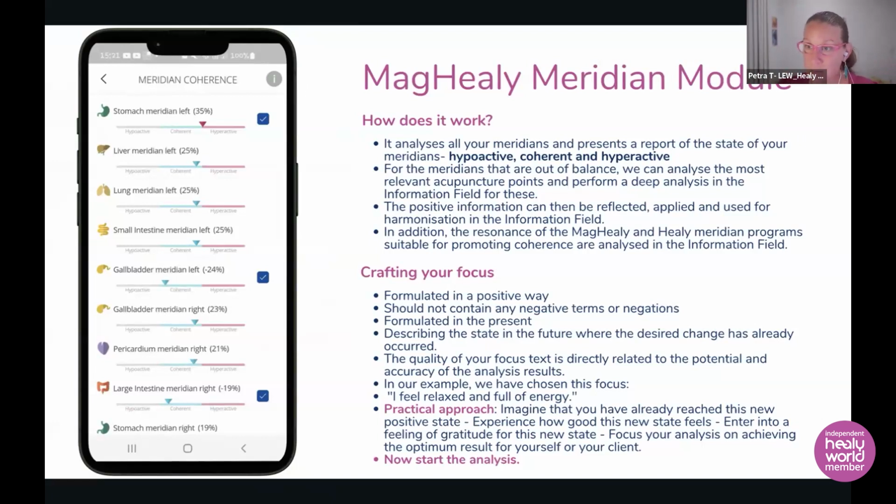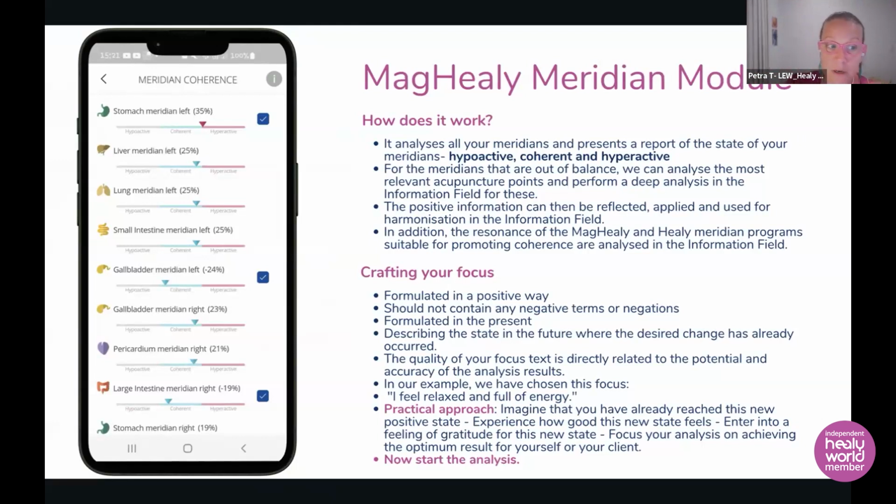Now it does, because it works on a magnetic field anyway, it actually taps into the quantum field really easily. And it gives you a really in-depth report. I'm going to show you all the reports. It's quite in-depth. So we need to analyze your meridians and present the reports that they come up with.